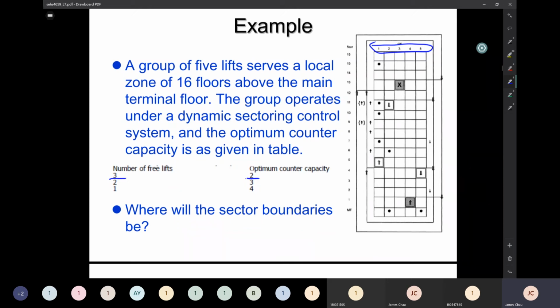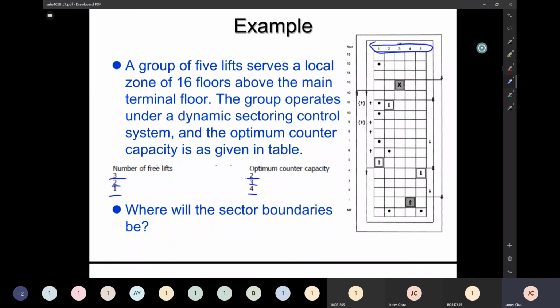But if we have a smaller number of free lifts, the optimal counter capacity will be increased. For example, if you have 2 free lifts, the optimum counter capacity is 3. When we have 1 free lift only, the optimum counter capacity is 4 only.